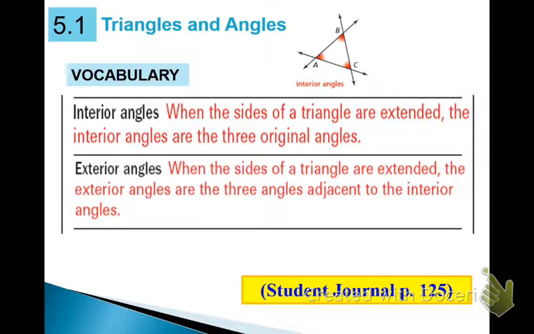When the 3 sides of a triangle are extended, meaning they continue. What does adjacent mean? Right across from each other. On the same line. They share a wall. That's right.